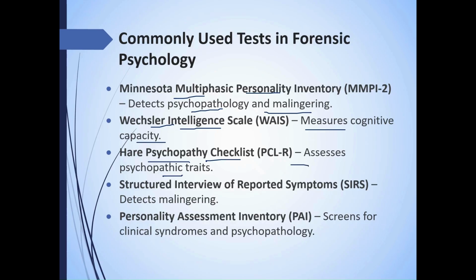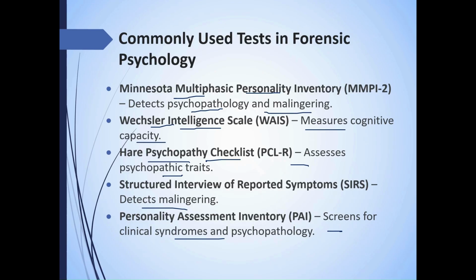Alright. Then we have the Structured Interview of Reported Symptoms, or SIRS. Again, this is used to detect fake or exaggerated symptoms. Then we have the Personality Assessment Inventory, or PAI. This is going to measure clinical syndromes and personality features.